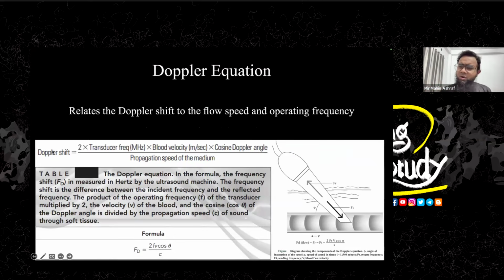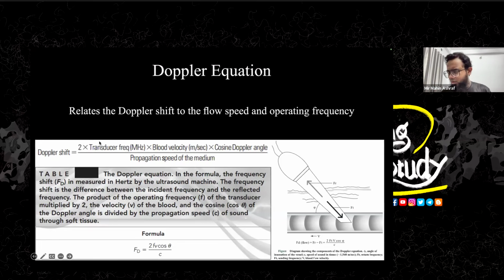Our machine knows the transmitted or transducer frequency, like 3.5, 3.6, something like that. When the sound gets reflected back to the transducer, it knows the reflected frequency. So we actually know the Doppler shift.